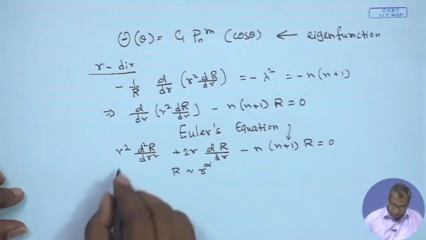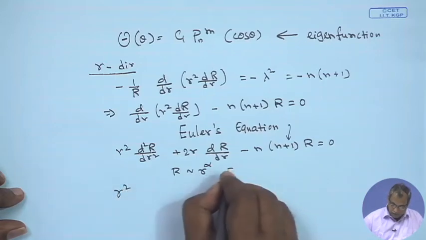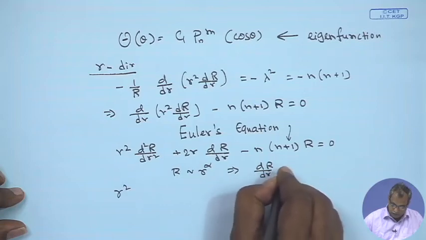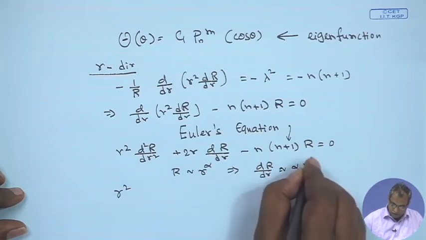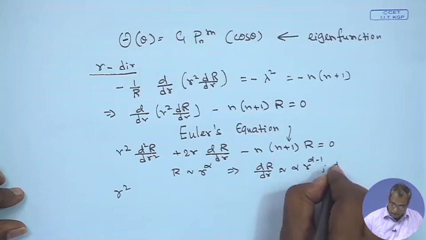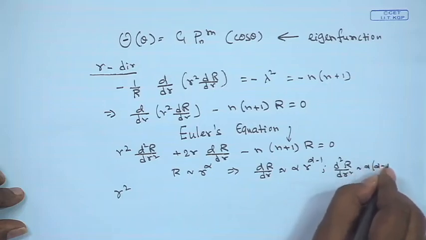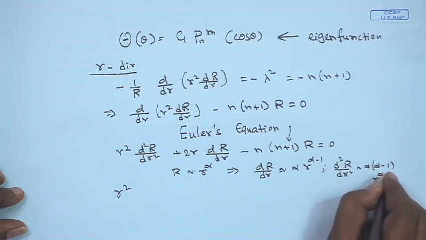So, if you just put, dr will be nothing but alpha r to the power alpha minus 1, and d square r dr square will be nothing but alpha into alpha minus 1 r to the power alpha minus 2.